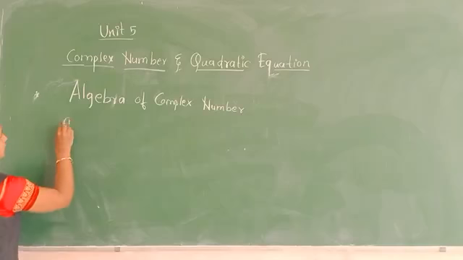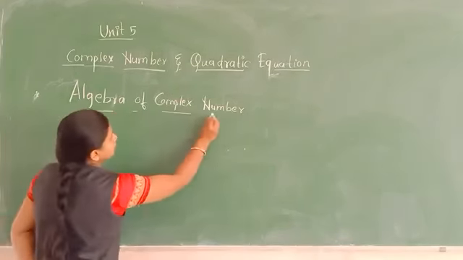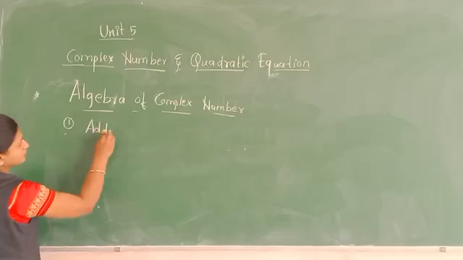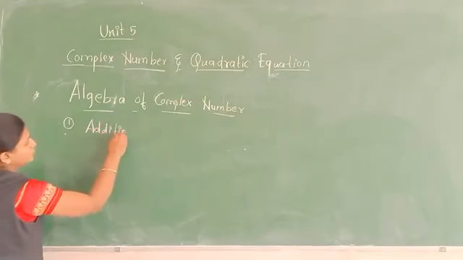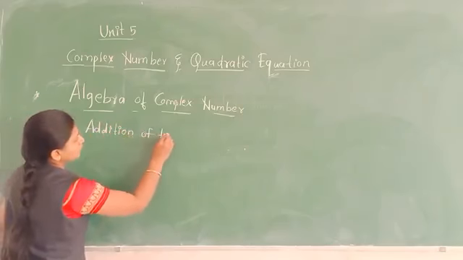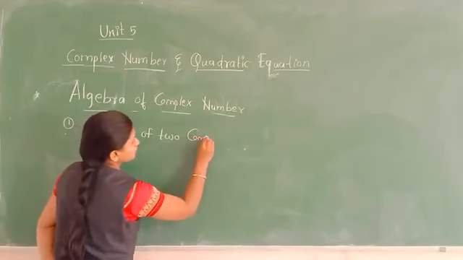The first one is addition of two complex numbers.